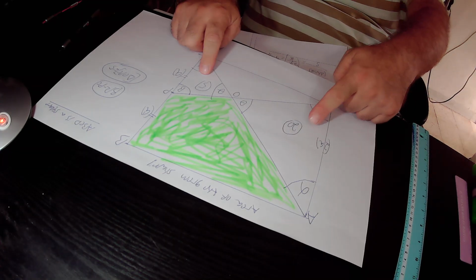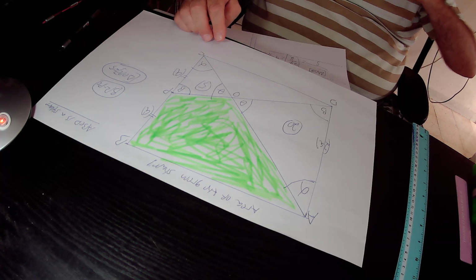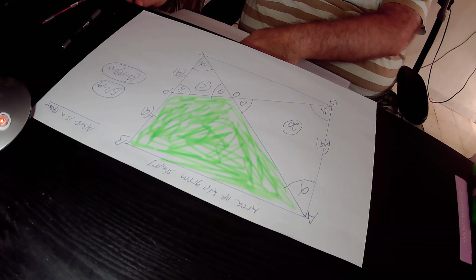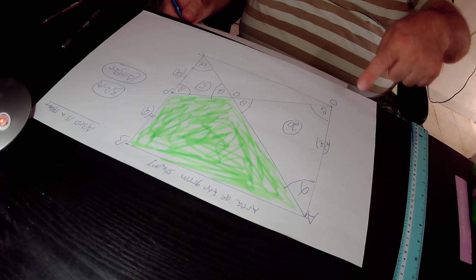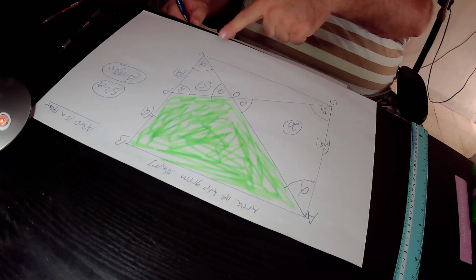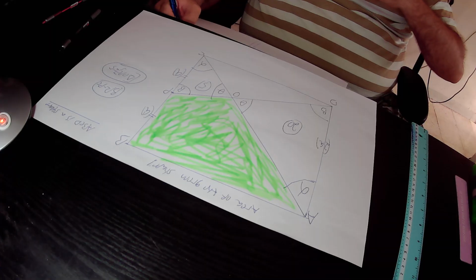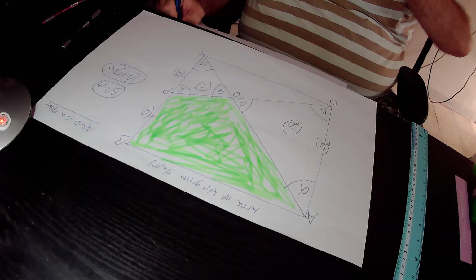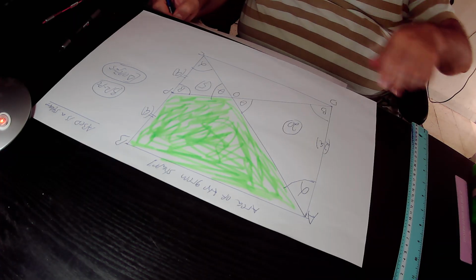So those two triangles are similar to each other, and therefore the following relationship exists between their sides. Side AD of the big triangle ADO over side PC of the small triangle POC is equal to side AO of the big triangle ADO over side OC of the small triangle POC.